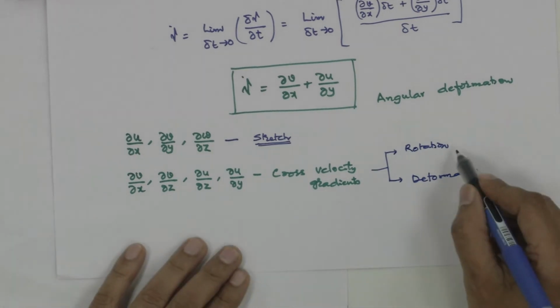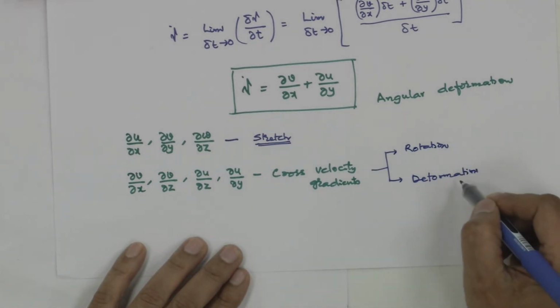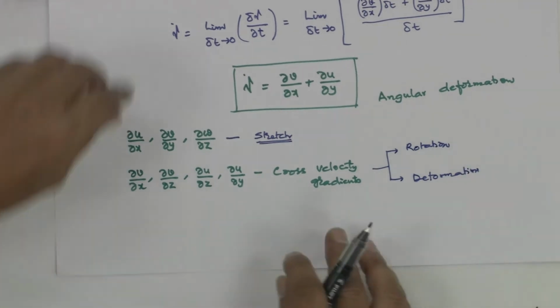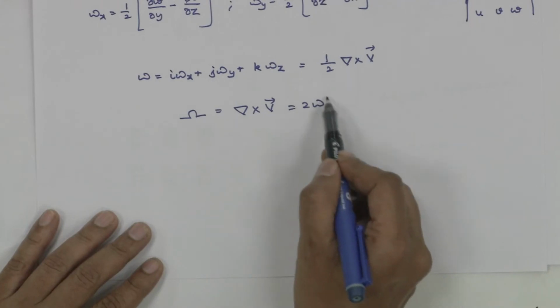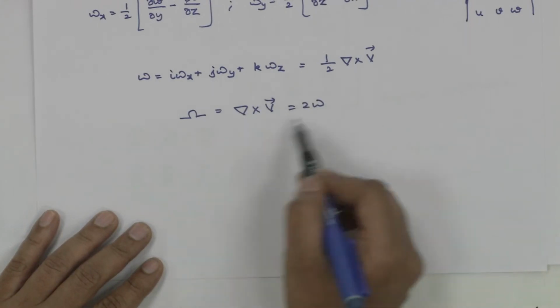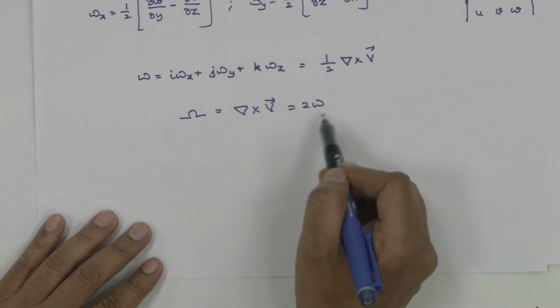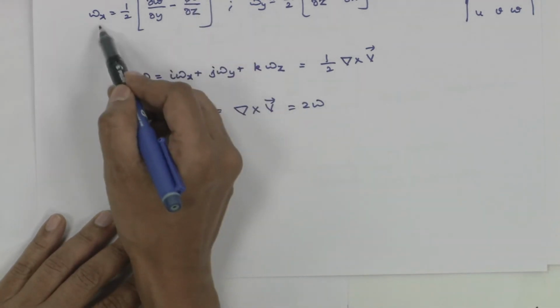That will decide whether they are getting rotated or deformed. Another important thing I would like to tell you is that the velocity gradients are the ones which cause vorticity. Vorticity can be imagined as a rotation.